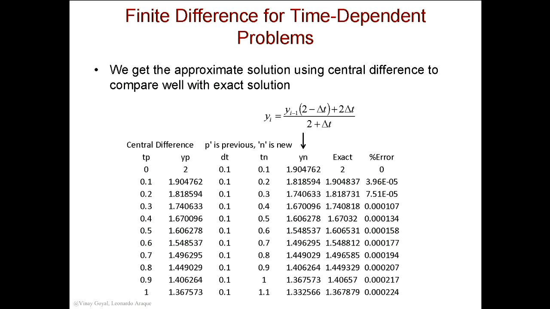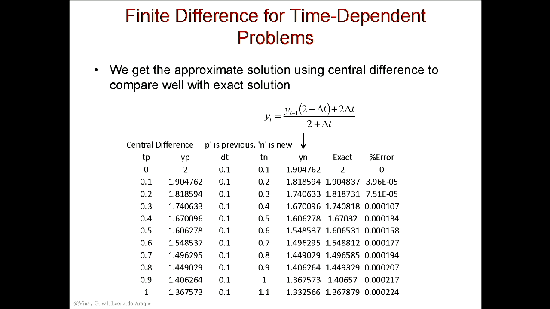Now I can find a new value of y at time equals 0.1. Once I know the value of y at time equals 0.1, I can plug it back in here and march forward again. I can change it from delta t to 0.1, or go to 0.2, say. I can change the time steps, right? And then I get the new value of y, and so forth. Just keep moving forward.